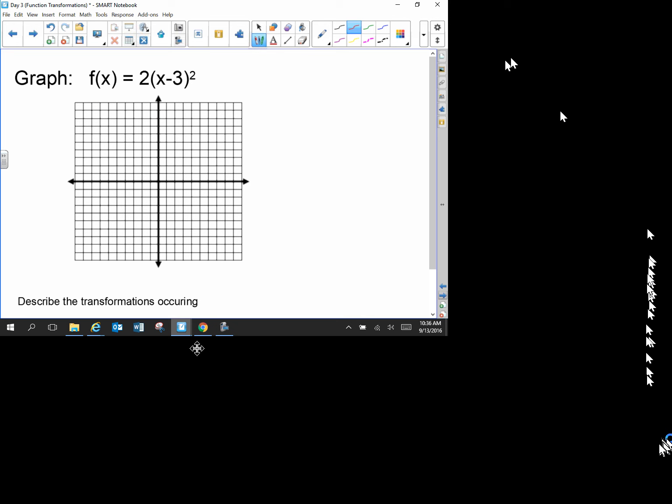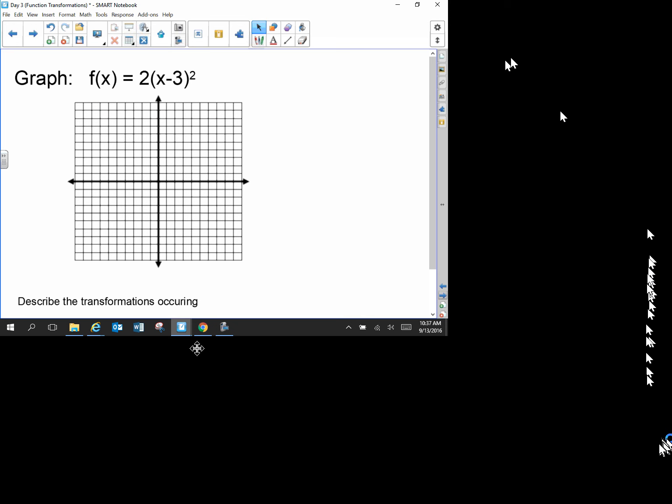Again, something you've all done in Algebra 2 many, many times already. Vertex is the most important part to find first.